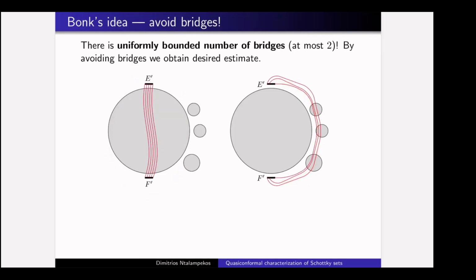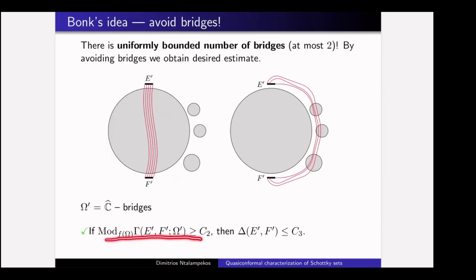And if we avoid the bridges, so we define a new domain, the sphere minus the bridges, then we get the desired implication that whenever the transboundary modulus is large, but of course we avoid the bridges, if any, then the relative distance must be small. So it seems to have an easy fix by just restricting the curve family and getting what we want.